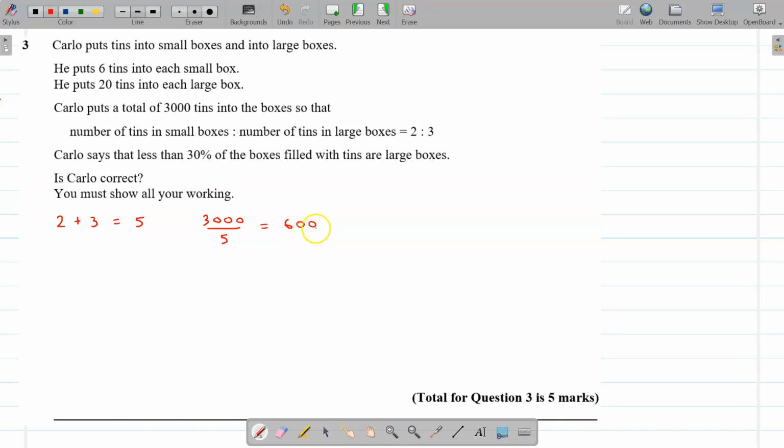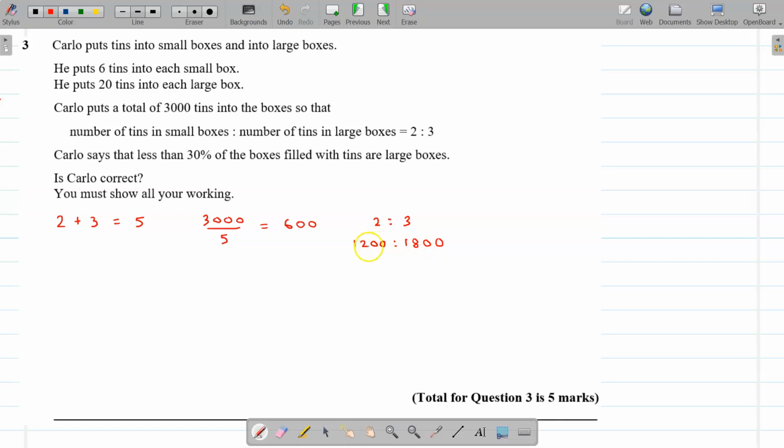So 2 parts would be 1,200, 3 parts would be 1,800, and so on. So then I can say that the ratio 2 to 3 in this case is 1,200 to 1,800, and those 2 numbers of course add up to 3,000.